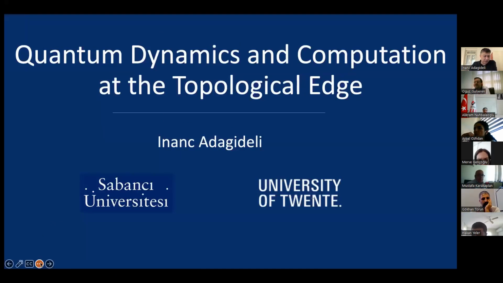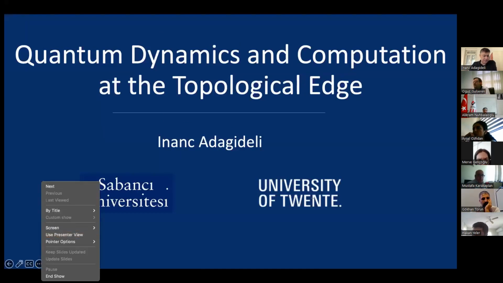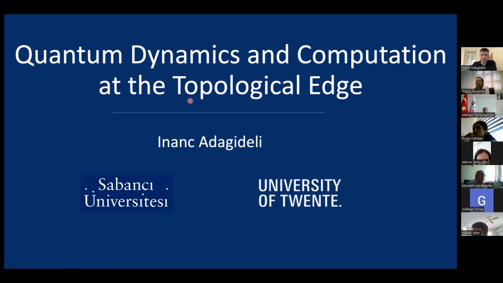So I will be talking about quantum dynamics and computation at the topological edge, but in particular, something particular. You all remember from last week's talks that I'm of course interested in these topological edge states and how to use them in computation.